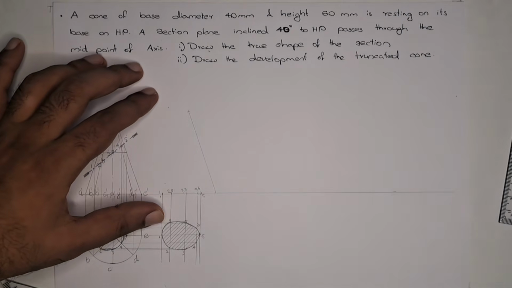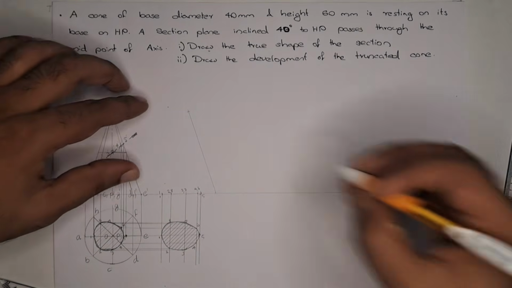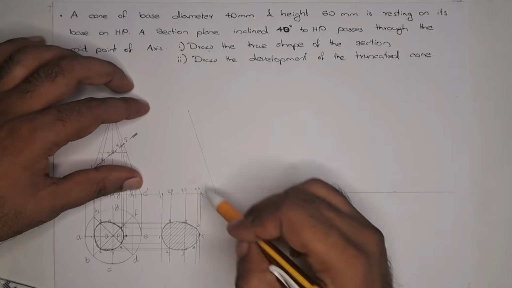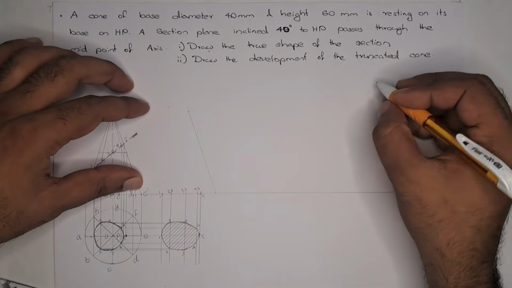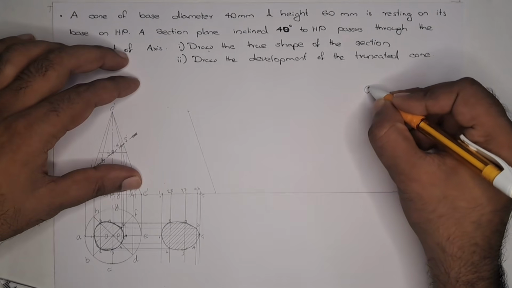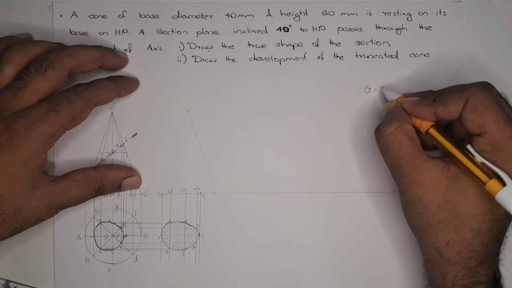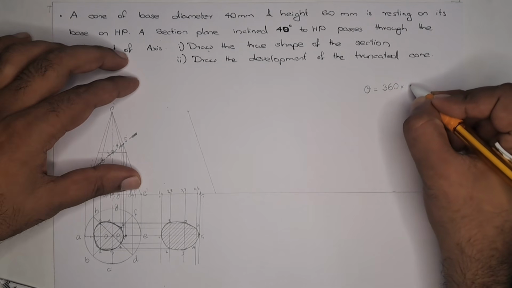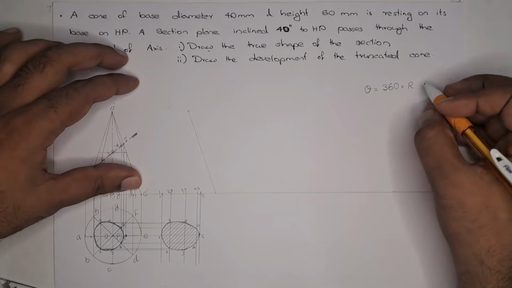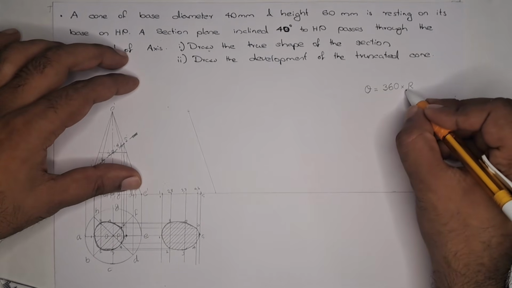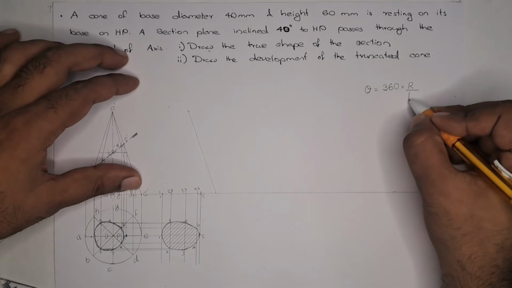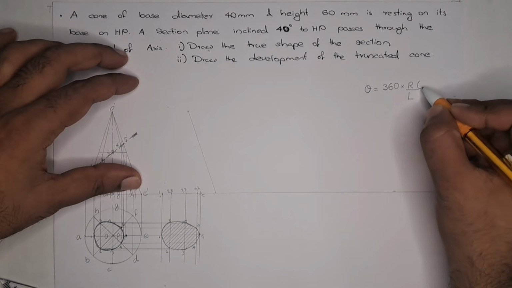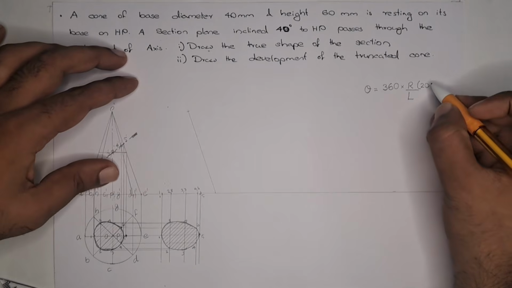Now we have to find an angle, the interior angle of the arc. The development of a cone is an arc. So the interior angle of the arc is theta degree, which is equal to 360 multiplied by radius of the base circle divided by true shape of the generator. Here the R is 20. You can see it from here.